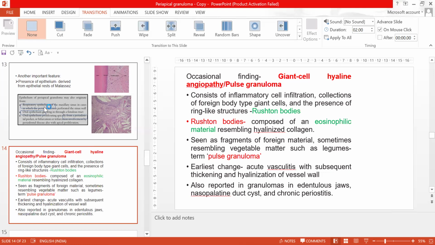The Rushton bodies are composed of an eosinophilic material resembling the hyalinized collagen, sometimes may be seen as fragments of foreign material, and sometimes resembling a vegetable matter such as legumes, hence the term pulse granuloma. Pulse granuloma has also been reported in granulomas in edentulous jaws, nasopalatine duct cyst, and chronic periostitis.